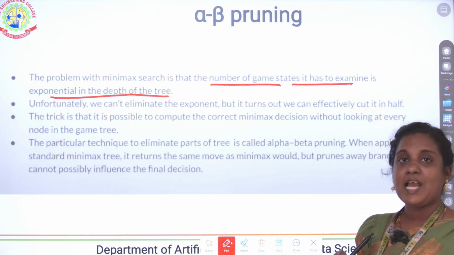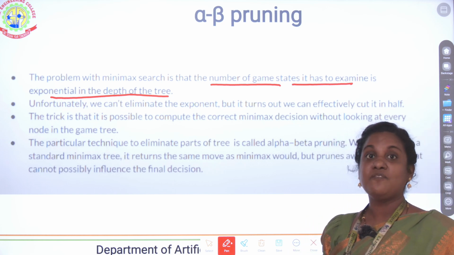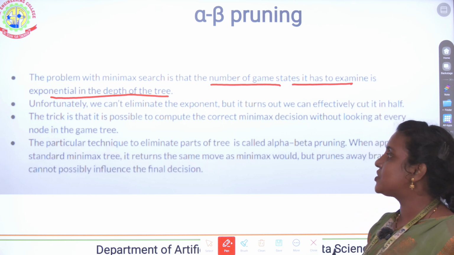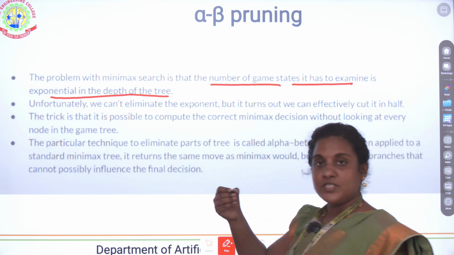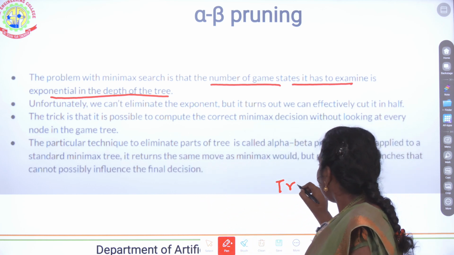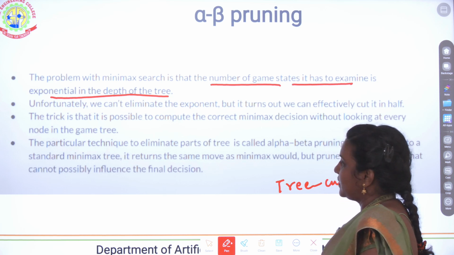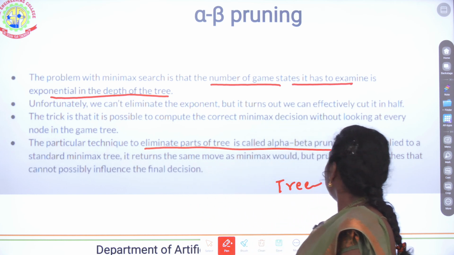But in alpha beta pruning, it reduces the examination of all the nodes. It will examine only particular nodes to find the convenient path, which is also known as the tree cutting problem. This is a technique to eliminate parts of the tree.